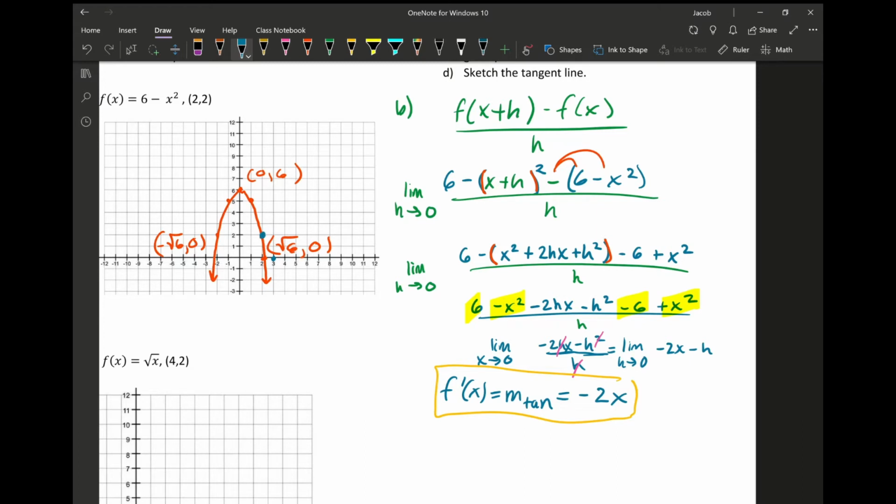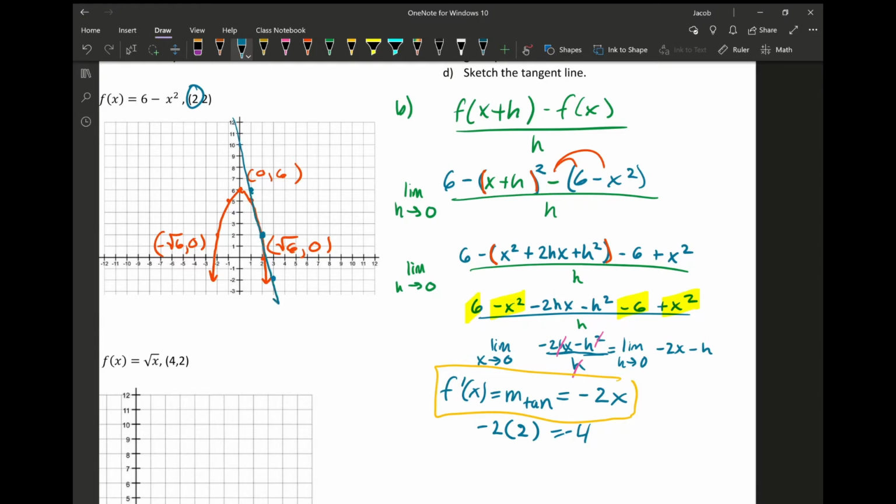There's 2, 2. I put it in blue on the graph. So negative 2 times 2, putting in the x value we're given, equals, sorry, negative 4. So negative 4 is the slope of my tangent line that goes through 2, 2.